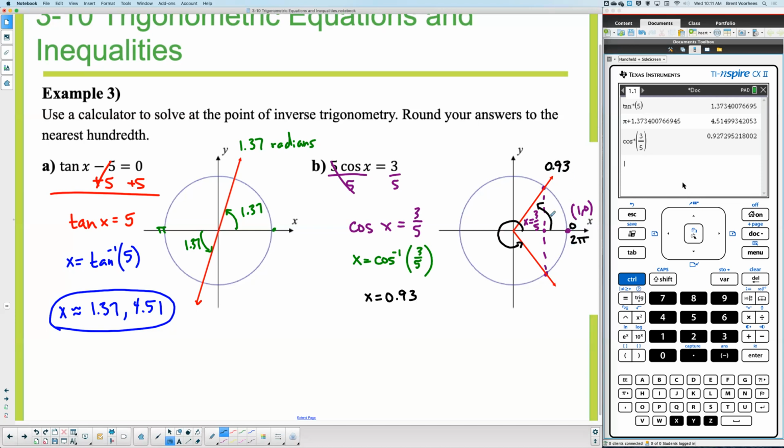You take 2 pi, and this time we're going to subtract that answer. The reason we're subtracting that is because it is 0.93 away from this x-axis over here. So hit enter, and that'll give you your second value.